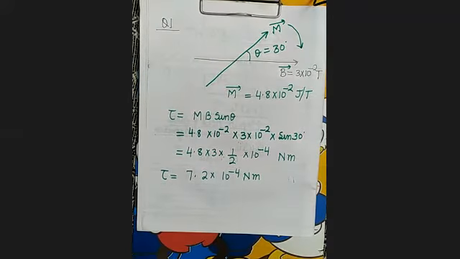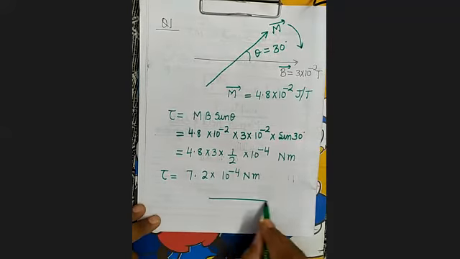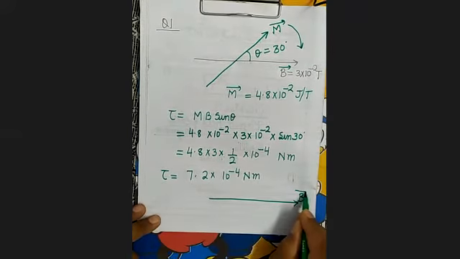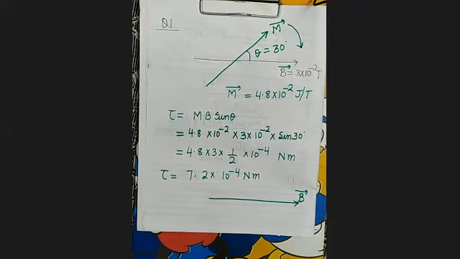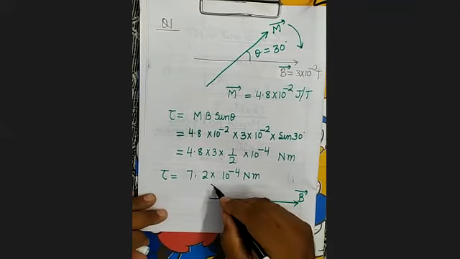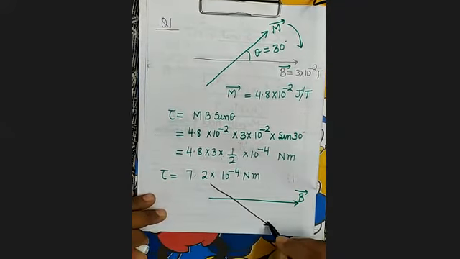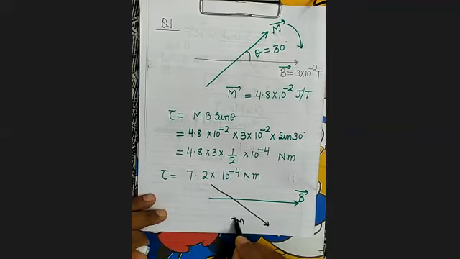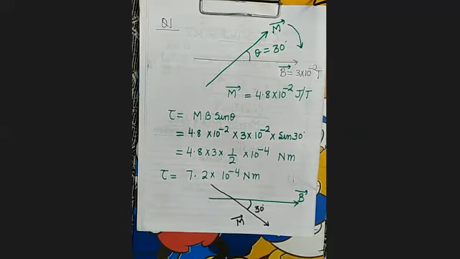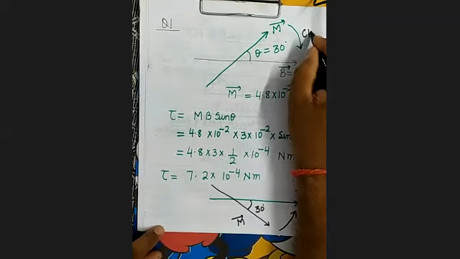Suppose it is kept like this. You can see here. Suppose the magnetic field is this and the dipole is placed in this way. This is the magnetic moment vector. This is theta equals 30 degree. Now in which direction will torque act? Here it is acting clockwise.